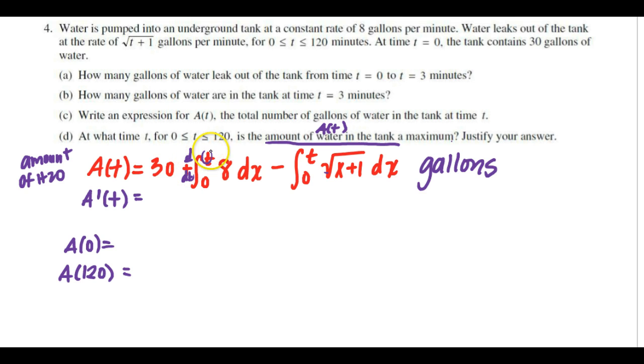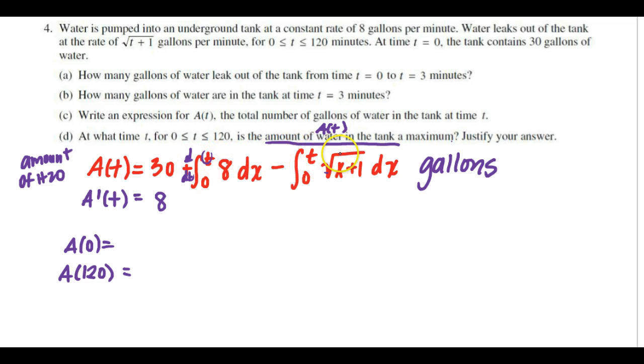Since this is t and this is t, remember what happens: we take this variable and substitute it into the x that's here, but there is no x. So the derivative of this would just be 8, because there is no t to plug it into, so it would just be the function 8. So 8 is the derivative of this accumulation function.